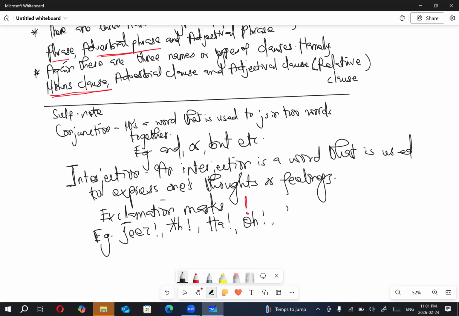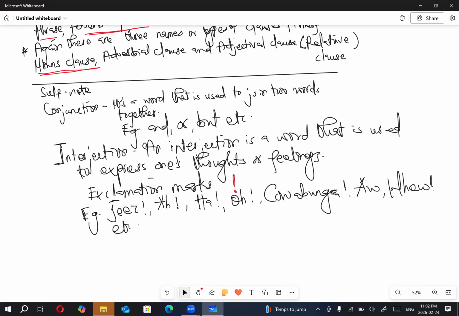Cowabunga, wow, I know it's weird, right? Look it up. It's an interjection, and so on and so forth. Oh, okay. Oh is an interjection. And well is also an interjection, and so on and so forth.